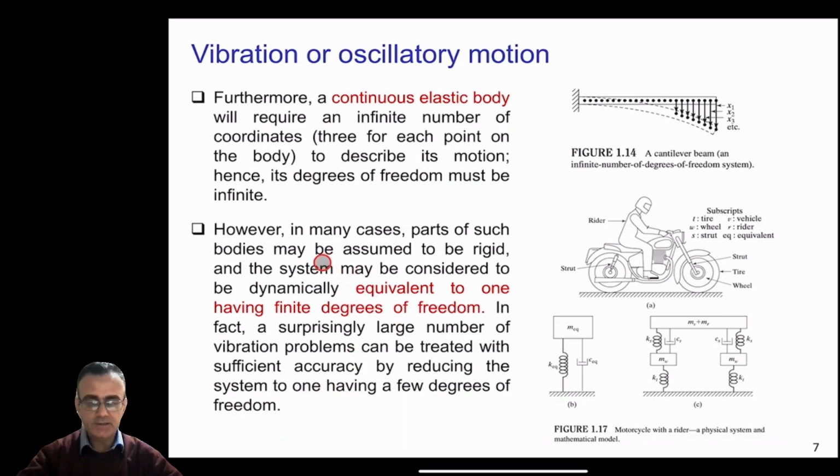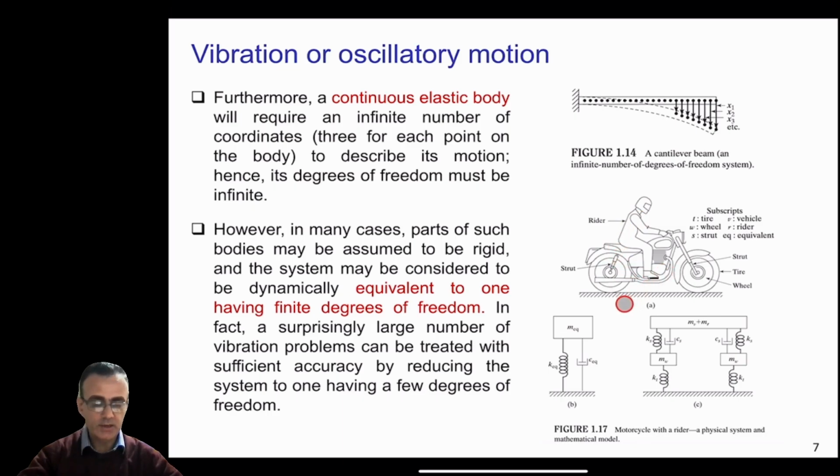Obviously, it's ideal to change the continuous system to a discrete system where you have finite degrees of freedom. As you can see in this case, you have this motorcycle with a rider, and you want to model this system here. So you can model this in different ways.